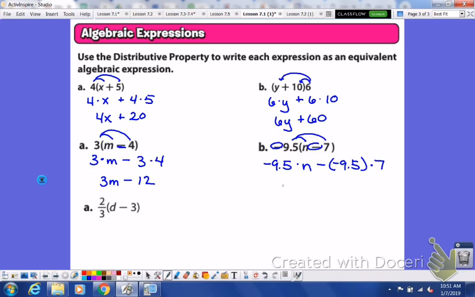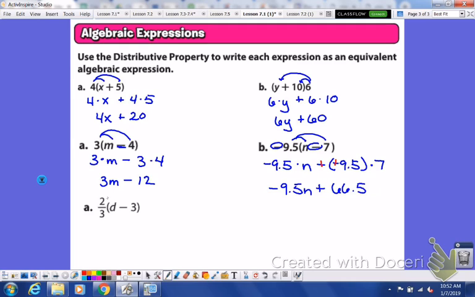Negative 9.5 times n is just negative 9.5n. Remember that minus a negative gives us plus a positive. So we're really thinking plus 9.5 times 7, which is 66.5. Cannot combine because there is an n there and not an n there.